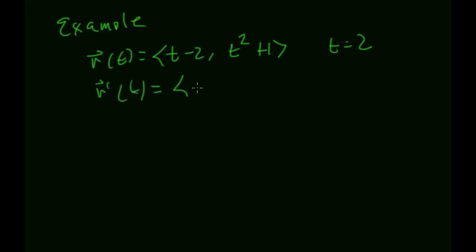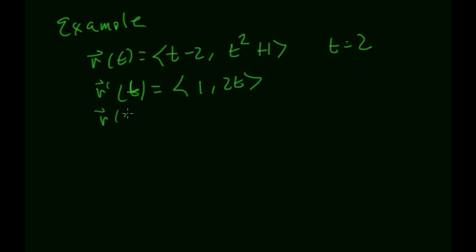That's just going to give me 1 and 2t, which means that this is my velocity vector. No matter what time I'm at, the x is always changing by 1 unit per second. It's going to the right, but the y is changing according to the time. It's getting faster as time goes on. So this is going to be some sort of parabola going upward here.